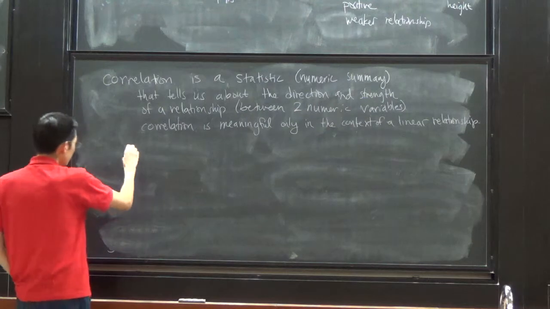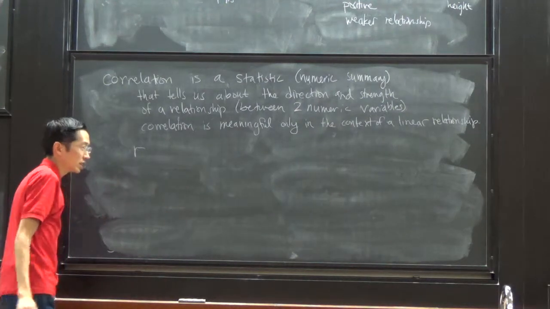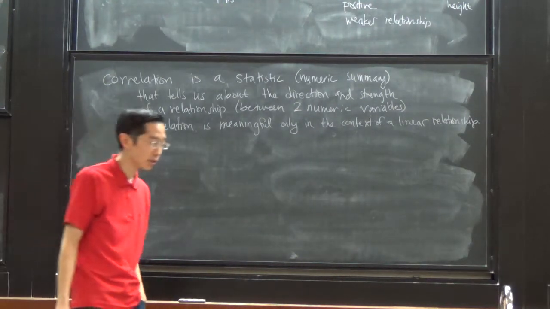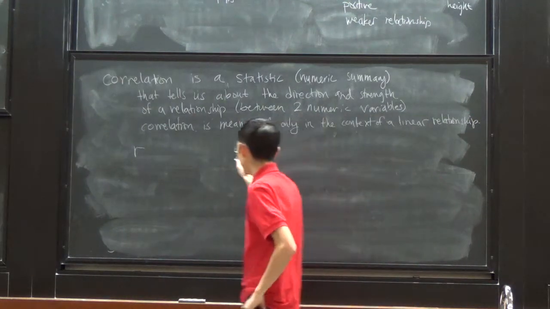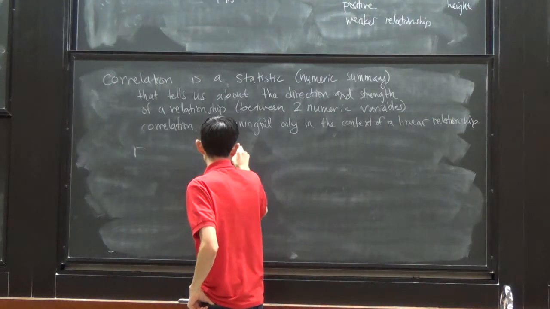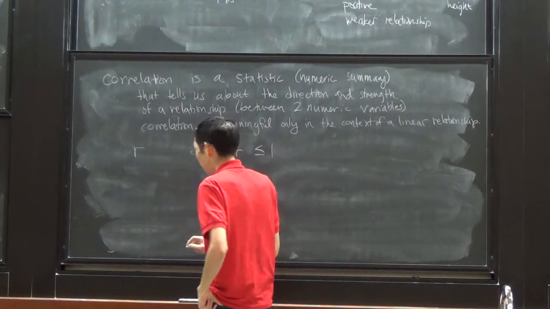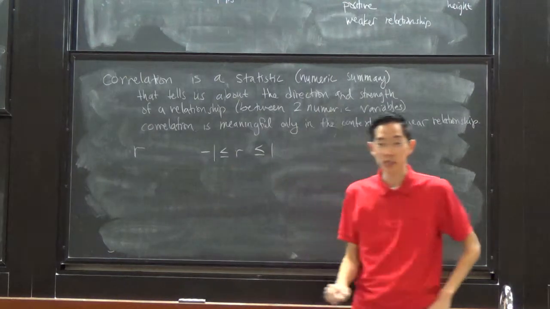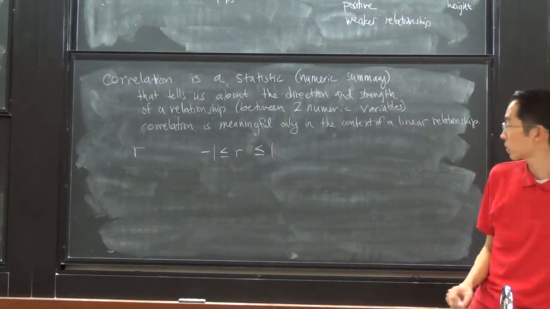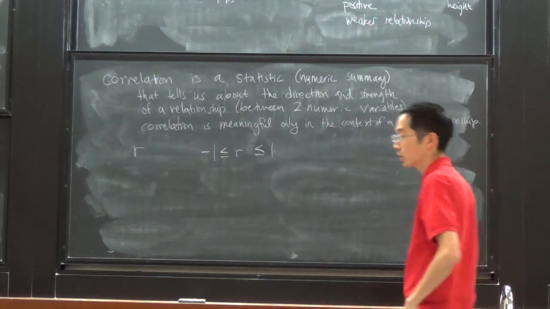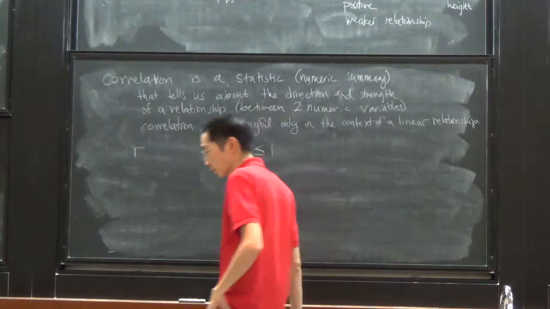This statistic for correlation is R, the symbol for correlation is R. And R can take on any value between -1 and +1. So correlation can be any value between -1 and +1 inclusive.